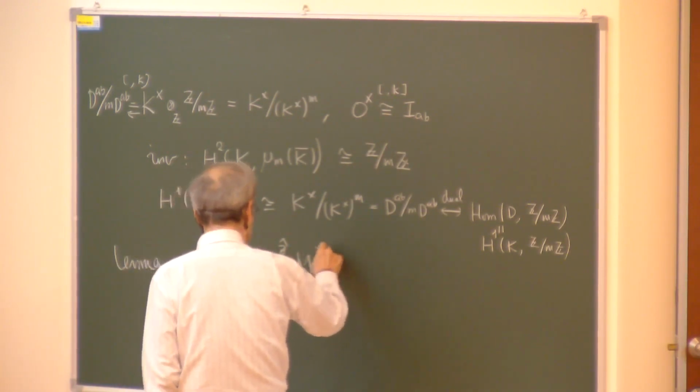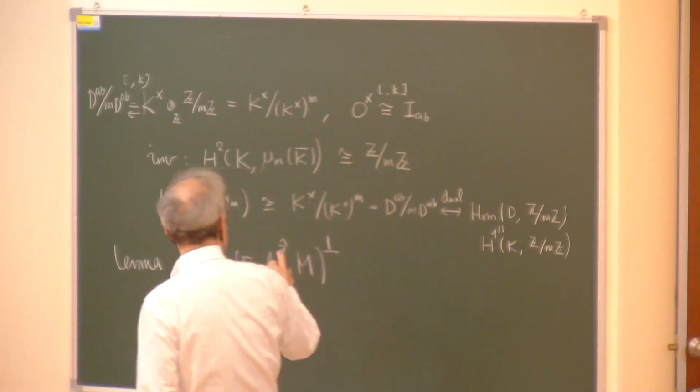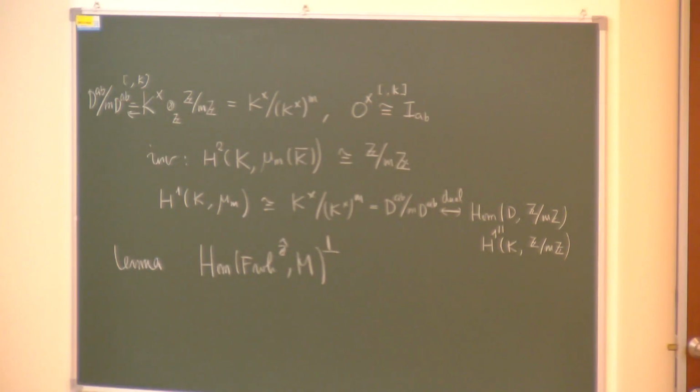So the lemma is that by Tate duality, you take the orthogonal complement of this. This will be the dual guy, M star 1, the cohomology of M star 1.